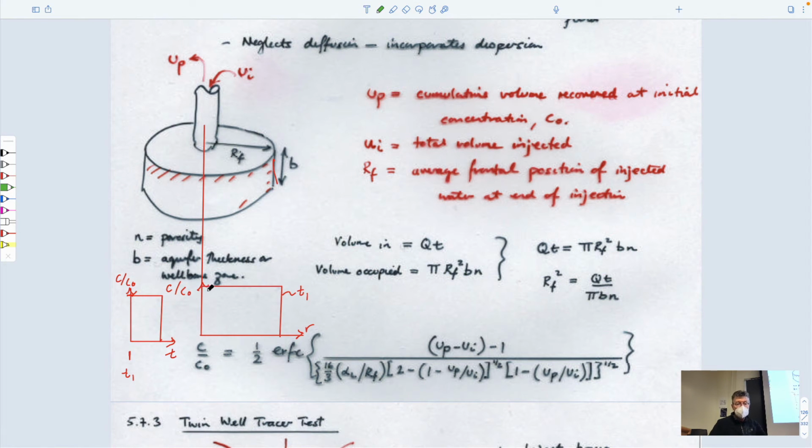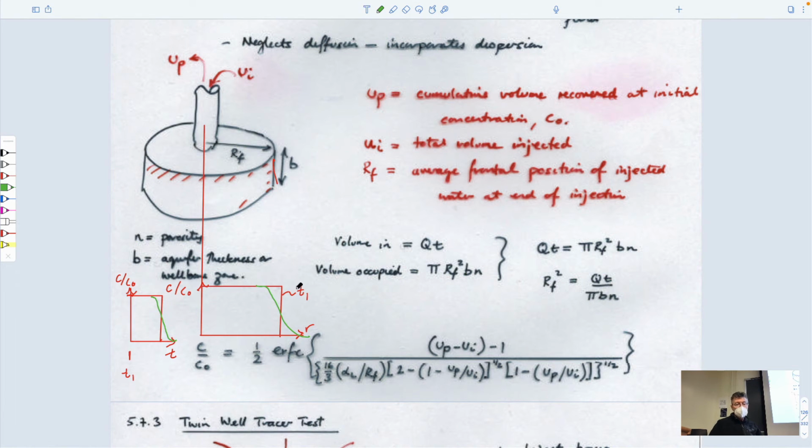If it's a real aquifer, you might expect it to look a bit more like this, right? This dispersion at the front. So now, if you recover it, you'll bring it back, but you'd see a manifestation of that behavior here.